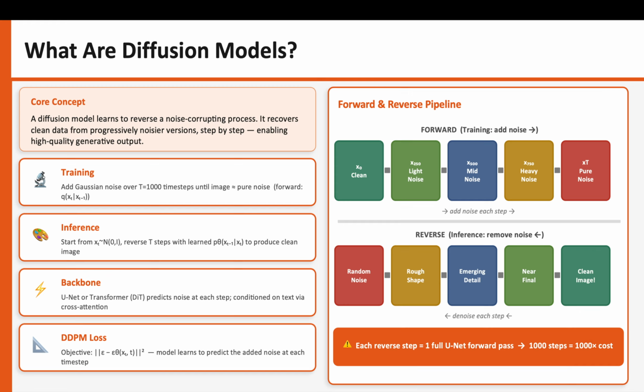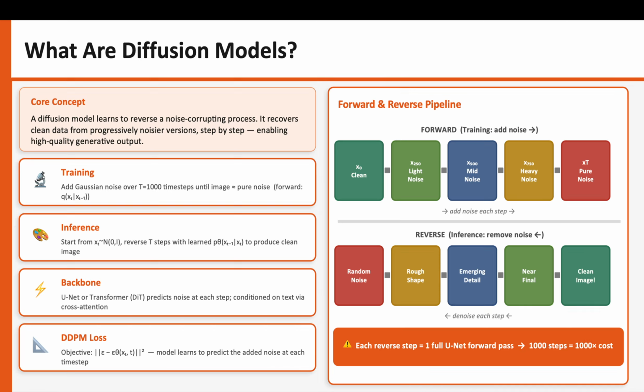During inference, you start from random noise and run this learned reverse process step by step until a clean image emerges. A good analogy is restoring a blurry photograph, except you are doing it 1000 times in sequence, each step revealing a bit more detail.